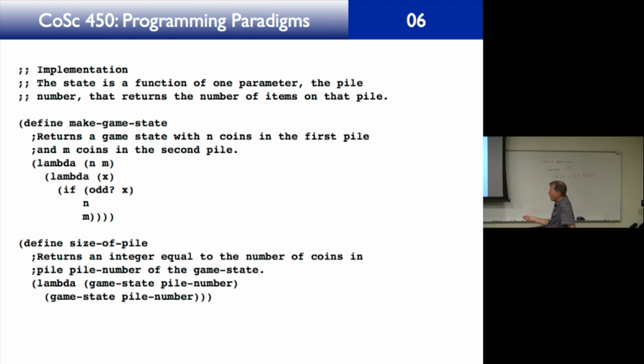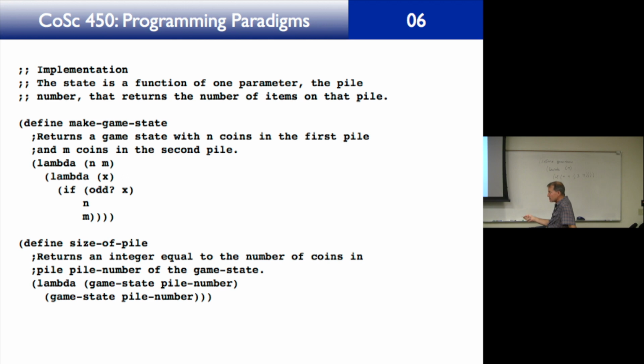Now, in previous implementations, if the game state was a two-digit integer, then we'd have to have some code to figure out if the pile number was 1, then it's the tens digit, else it's the ones digit, and you have to do a quotient and a remainder. Are you with me? But here, all that computation doesn't need to be done because the game state that got passed as a parameter here is a function. So we can execute that function by putting parentheses, game state.